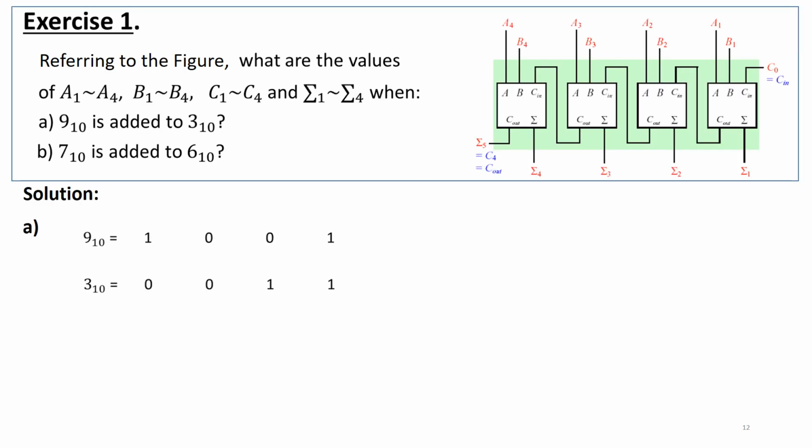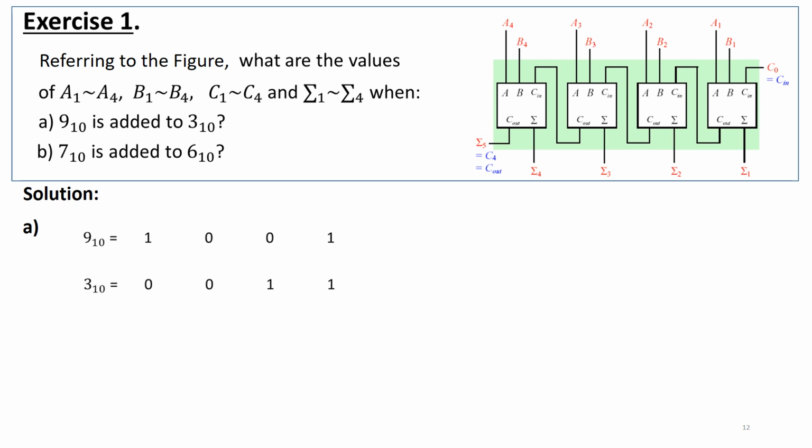Referring to the figure in exercise 1, what are the values of A1 to A4, B1 to B4, C1 to C4, and sum 1 to sum 4 when A, 9 is added to 3 and B, 7 is added to 6?